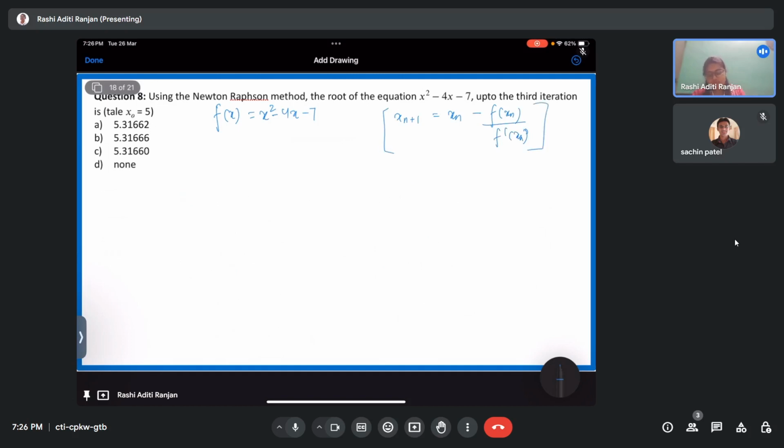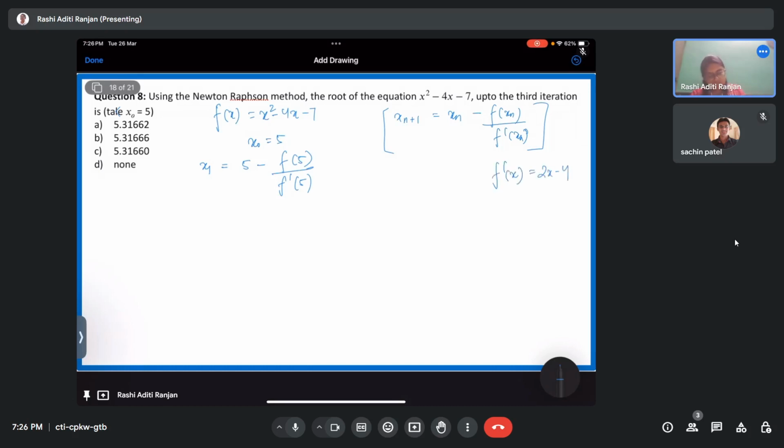It is already given that I have to take x naught as 5. So I have my x naught as 5. Then I can compute x1 as 5 minus f at 5 by f dash at 5. Here f dash of x is going to be 2x minus 4.